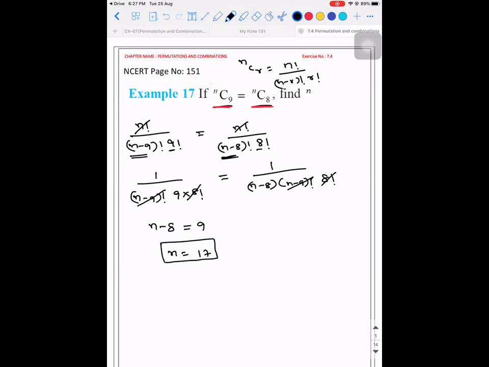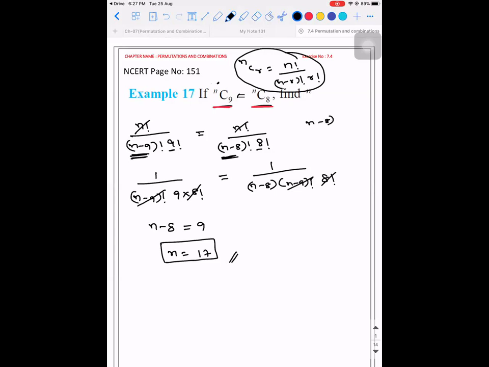Sir, how did (n minus 9) factorial come? What is the formula? (n minus r) factorial. Sir, in the second step on the RHS, (n minus 8) into (n minus 9) factorial.